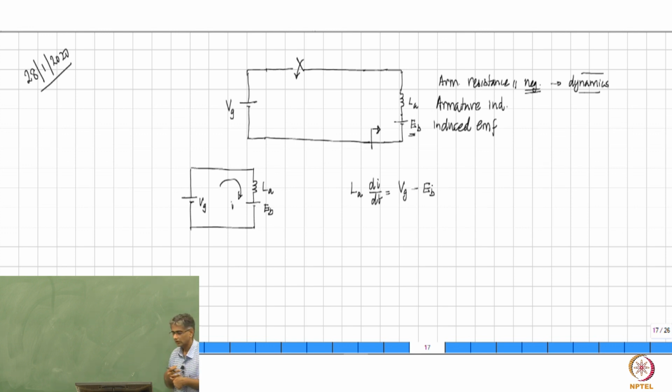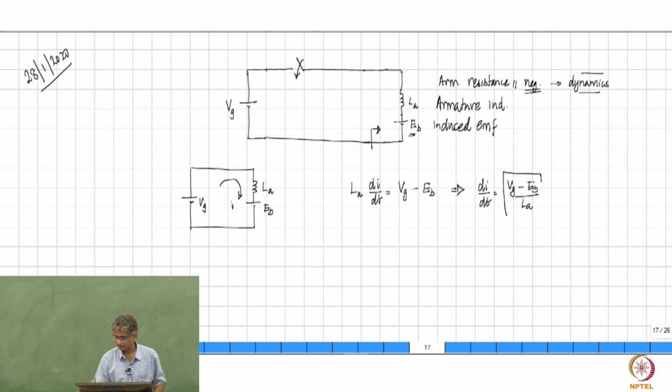This is elementary electric circuit, and therefore we can easily conclude that di by dt equals Vg minus Eb divided by La, which means that this is a fixed number. As far as the motor is operating at a constant speed, it is a fixed number. That means inductor current will increase with a fixed slope.